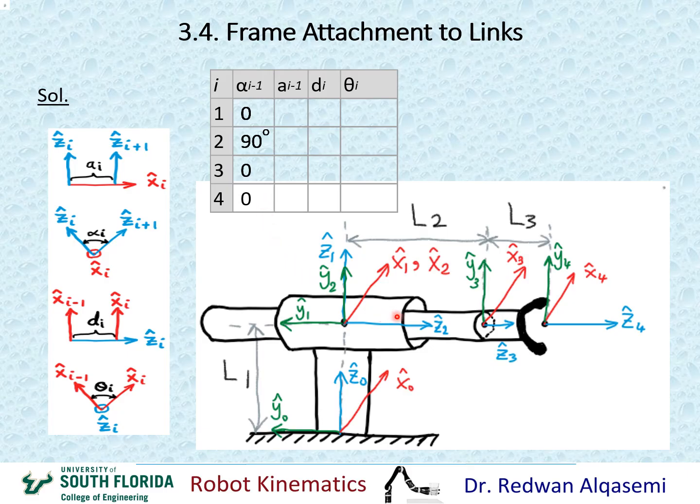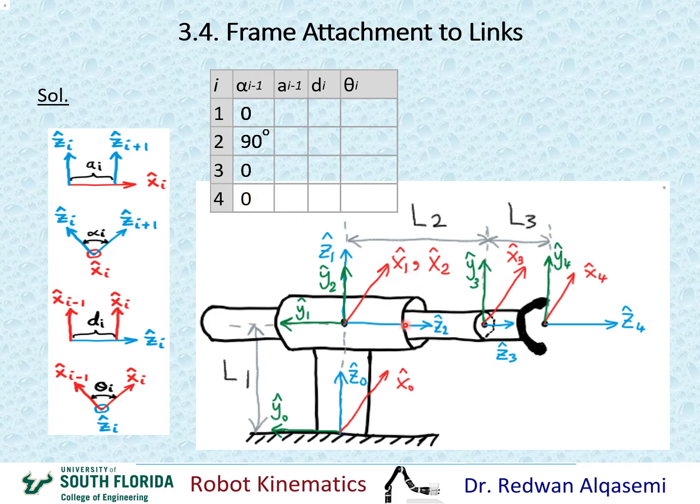Now let me comment on this. Remember when we said that the z-axis can be in either direction? So let's assume that I put z3 here in the opposite direction, pointing to the left. That means the alpha between z2 and z3 will be 180 degrees, which is this alpha right here. And then the alpha between z3 and z4, remember if z3 is going to the left, so the alpha between z3 and z4 about x3 will be 180 degrees, which will be right here.